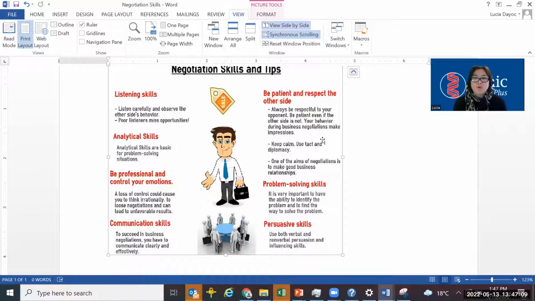Professional and control your emotions. Emotional regulation is extremely important. I agree. The last thing you want is to show that you are not confident, or you're getting angry and frustrated, or getting annoyed, showing all these different emotions and expressing them to the other party.